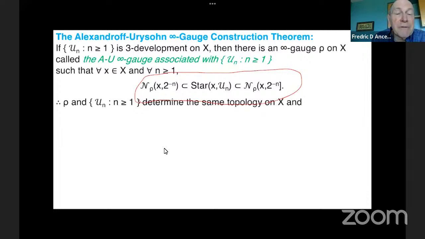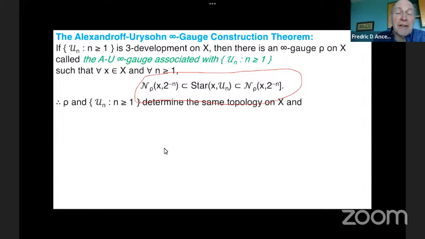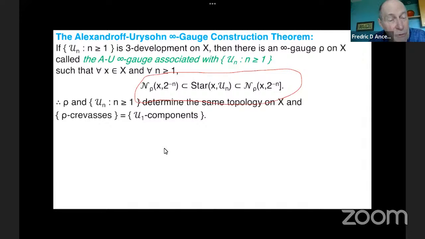So Alexandrov and Urysohn come up with this method of defining an infinity gauge from a development. And it has this property, which means that the development and the gauge give you the same topology, and what I call the crevasses for this infinity gauge correspond to the components with respect to U1, the first element of the development.